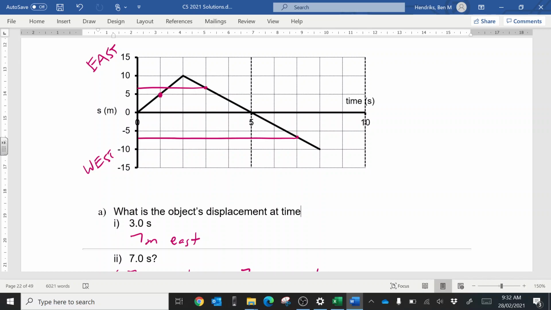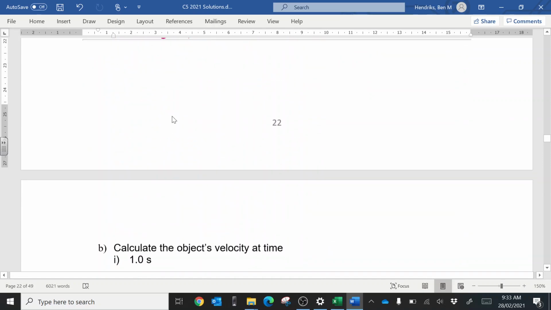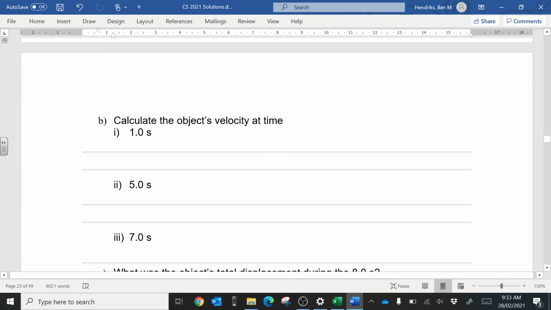So I'm going to use this rise, and then along here is going to be our run. It should be the same as if you use the actual point at 1 second as well, but just to show that it's the same across the whole thing, I want to do the whole line.